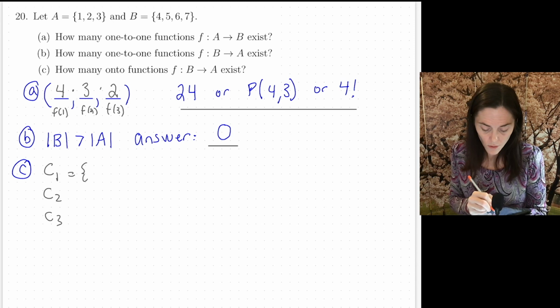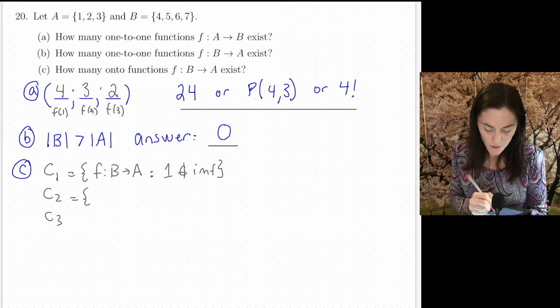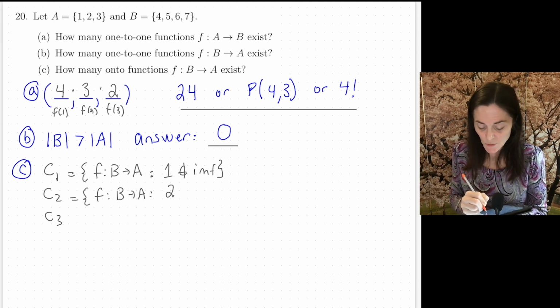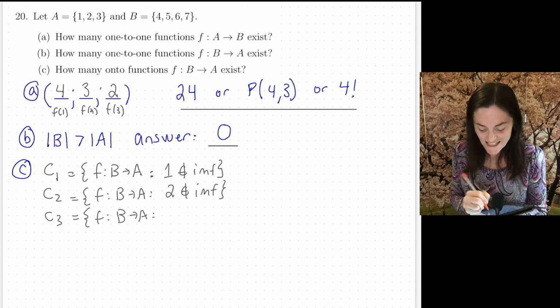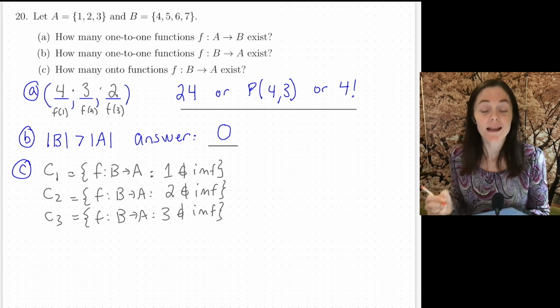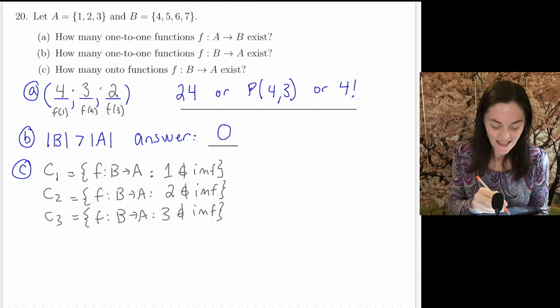This is all F from B to A, such that 1 is not in the image of F. And then C2 would be all F from B to A, such that 2 is not in the image of F. And finally, C3 is all functions from B to A, such that 3 is not in the image of F. Okay?